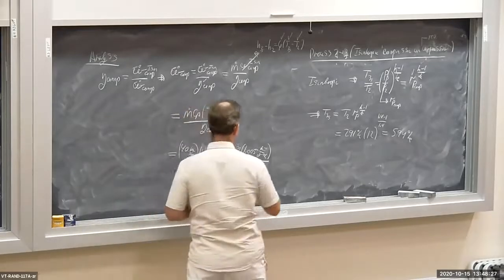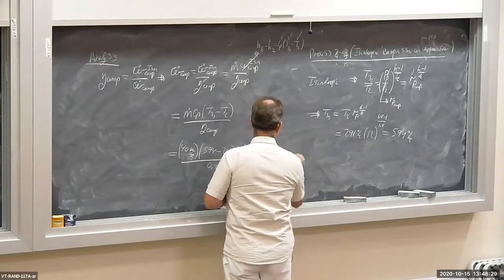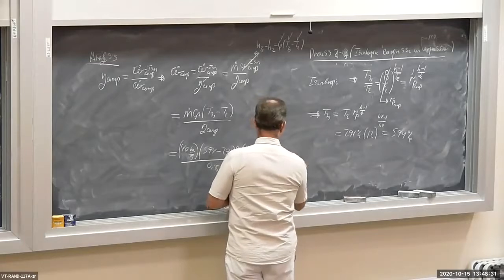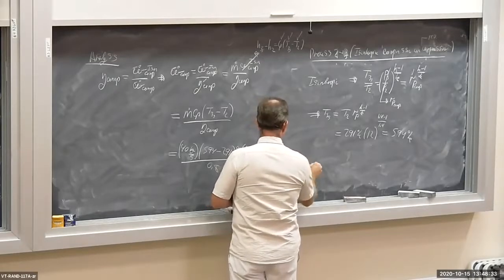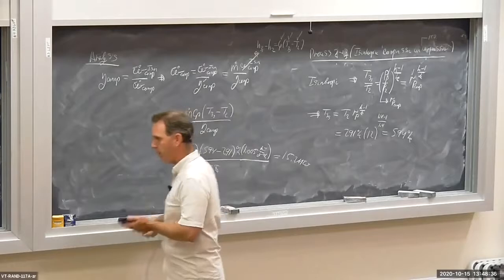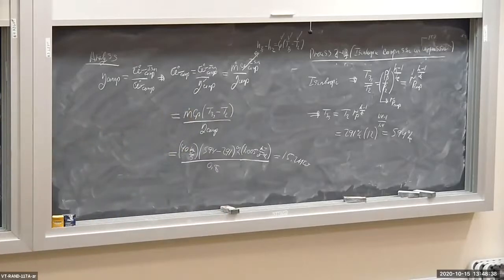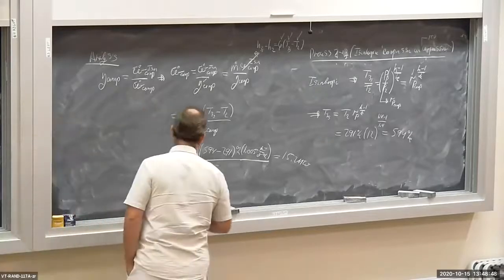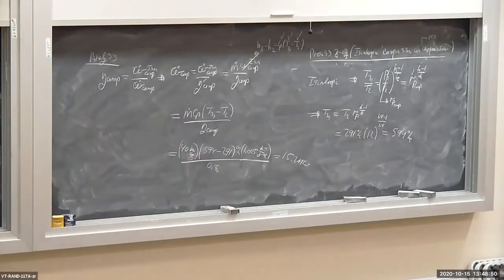15.2 megawatts. That's pretty big. So W dot compressor is 15.2 megawatts.